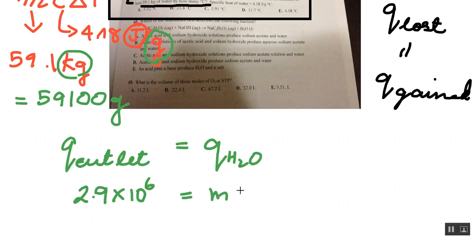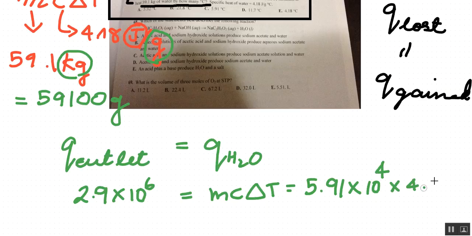This is MC delta T, which is again, I'm going to simplify 59,100 to 5.91 times 10 to the power 4, times specific heat, which is just 4.18, times delta T, which we don't know and which is what we're calculating, which is totally fine, okay?